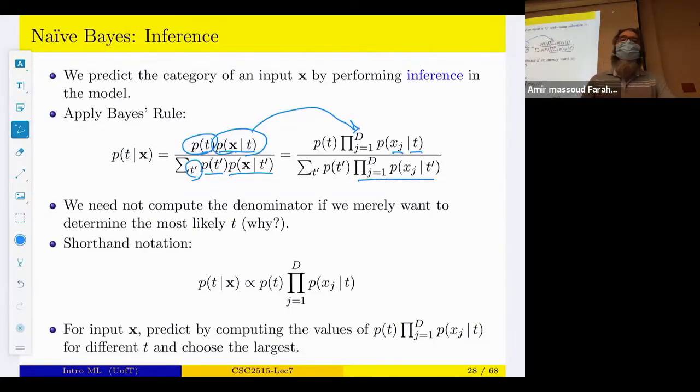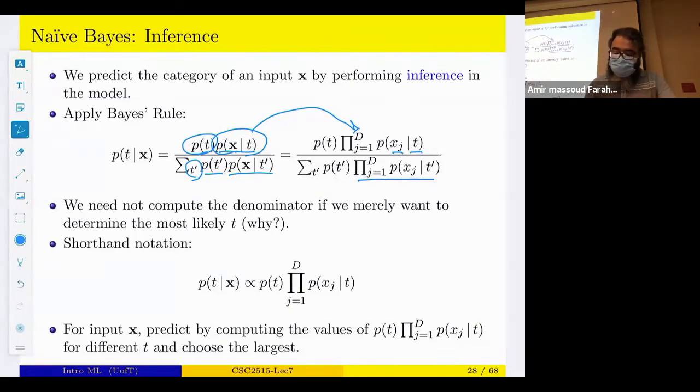If we want to only find what is the most likely T, as is usually the case, you don't want to actually compute the probabilities. You just want to know what is the most likely T. We don't need to compute the denominator. The denominator is just normalizing things to make sure that the probabilities sum to 1.